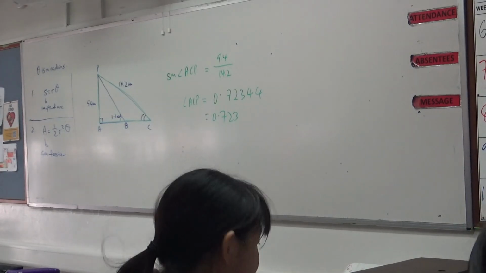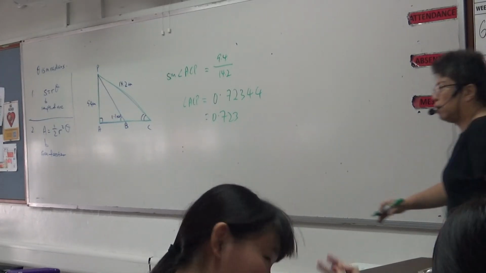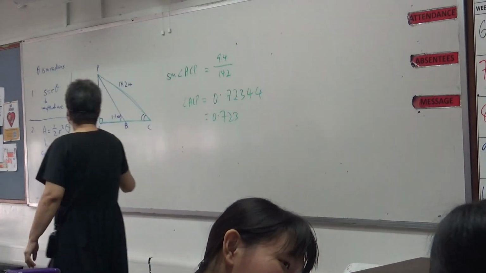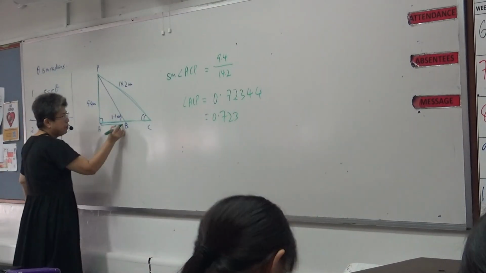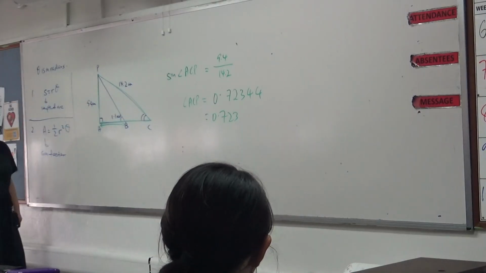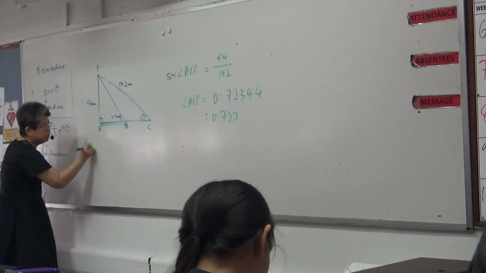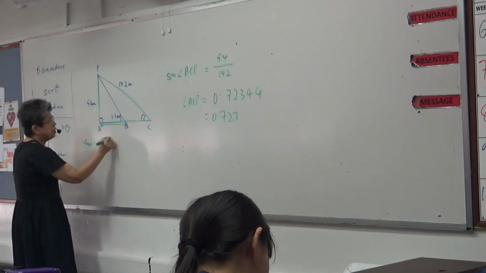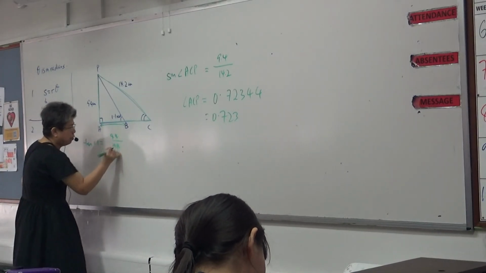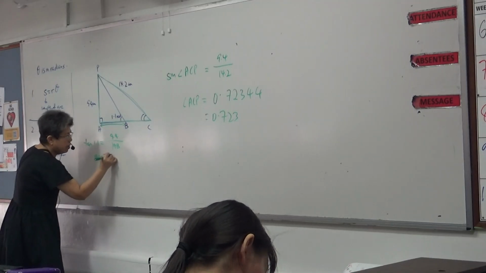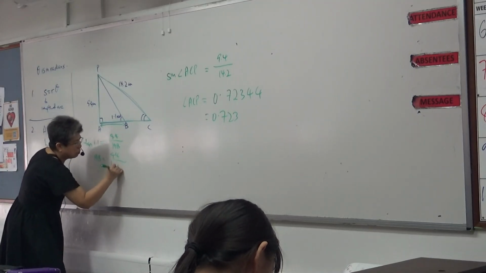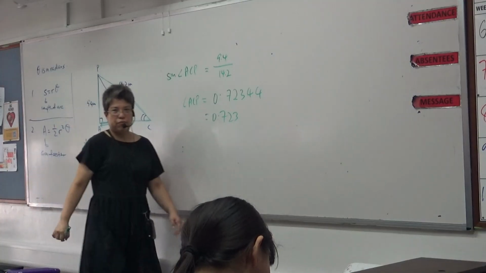Okay? Now, next one. The length of AB, and all of you look up. How do I find the length of AB? I look at the small triangle, I use tangent, can you see? Okay, so tangent 1.1 is 9.4 over AB. So AB is 9.4 over tangent 1.1. Give me to 3 significant figures now.